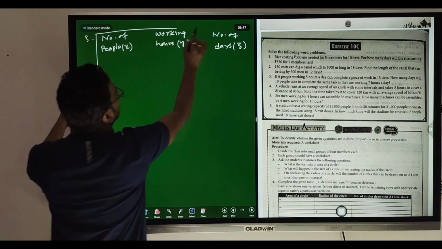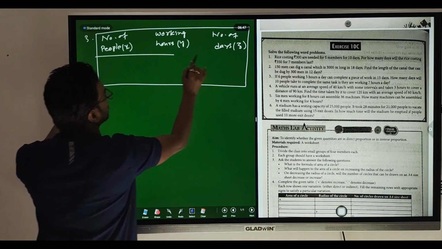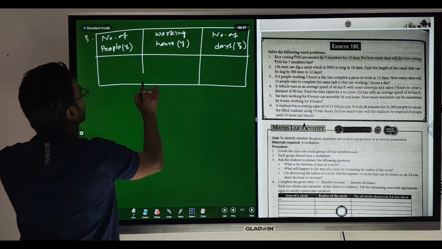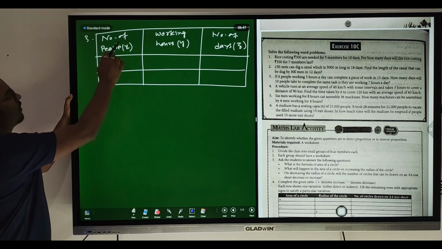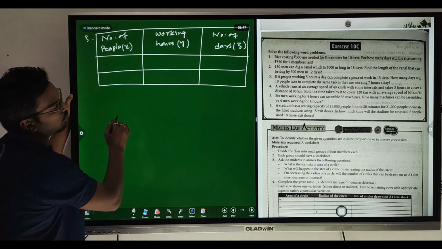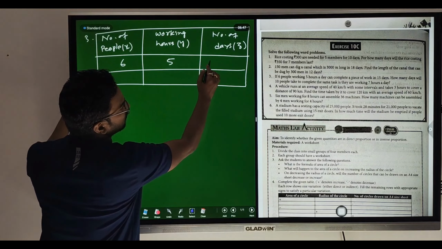Now here you will see both are inversely proportional. In most cases, time is inversely proportional to anything, right? So the number of people is 6, working 5 hours, and this is how many days?